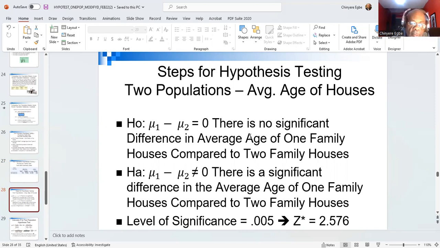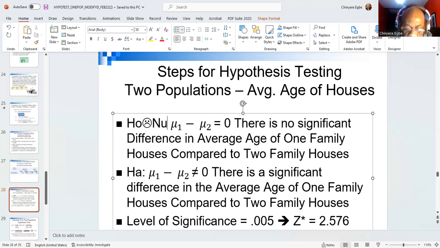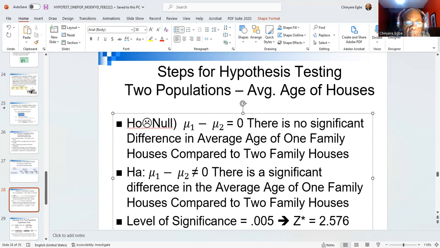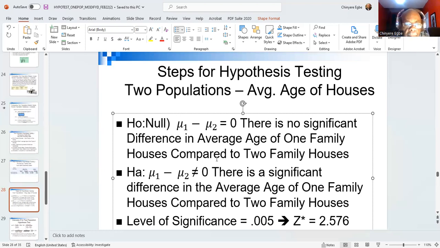Now, once we do that, we have to state that proposition mathematically in statistical language. And so this is your null hypothesis, and this is your alternate hypothesis.